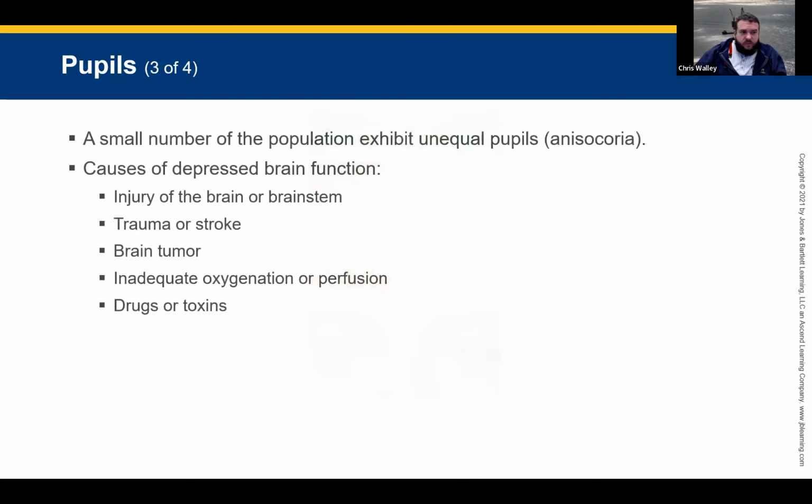All right. So the pupils, a small number of the population exists with unequal pupils. That is common. They're very small numbers. Some causes are depressed brain function, injury to the brain, trauma, stroke, brain tumor, inadequate oxygen perfusion, drugs, or toxins. A lot of times on some drugs, you'll see the big old pupils and they're so attentive to things around, they may not know what's going on, but their pupils are very big.